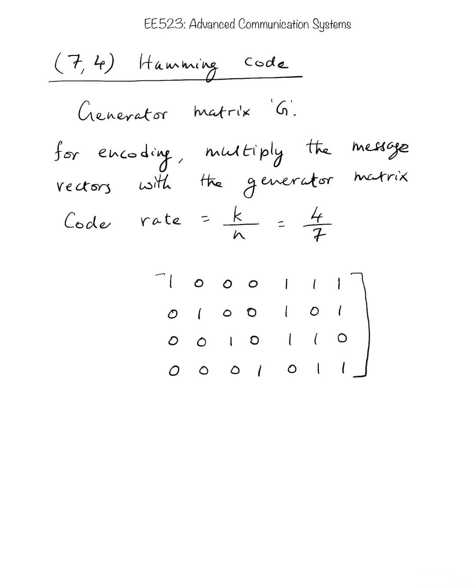To denote it as a matrix, we put the brackets. So that's our generator matrix for the 7/4 Hamming code. To produce the code words, we multiply the message vector with this generator matrix G to get the code word.